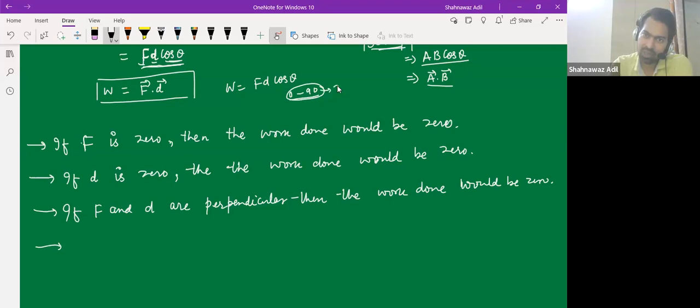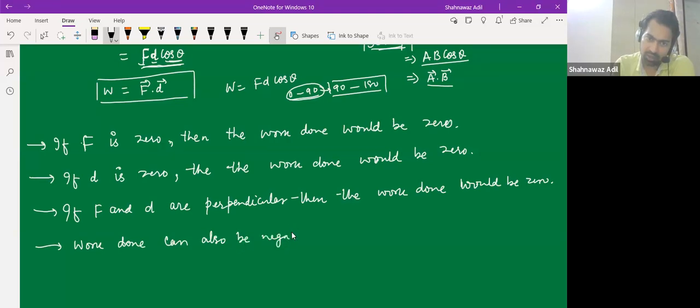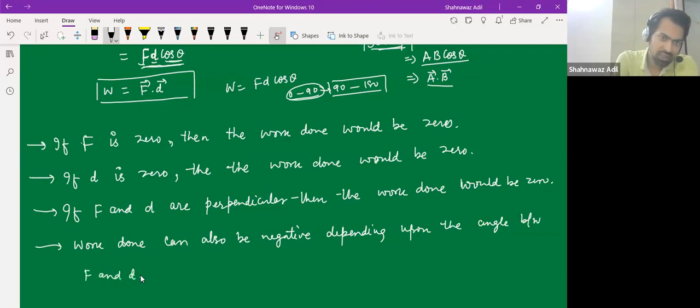If you go beyond 90 to 180, then your cos theta is negative. So work done can also be negative depending upon the angle between F and D.